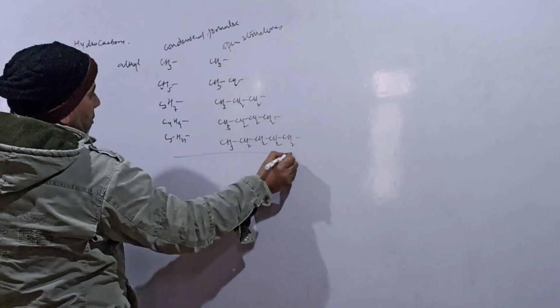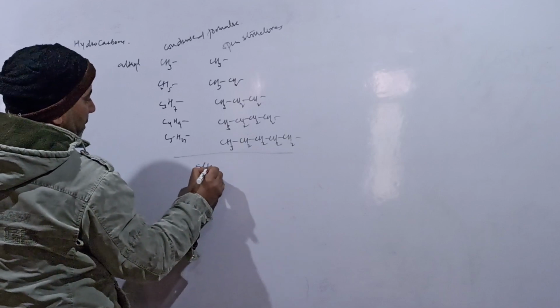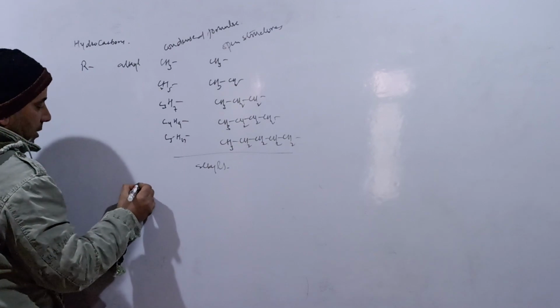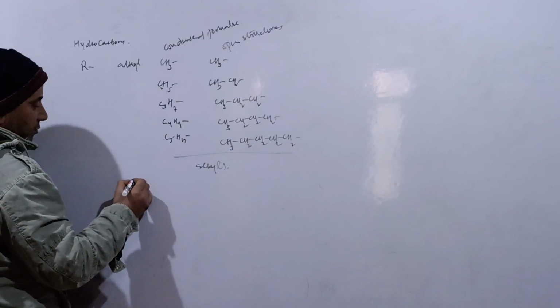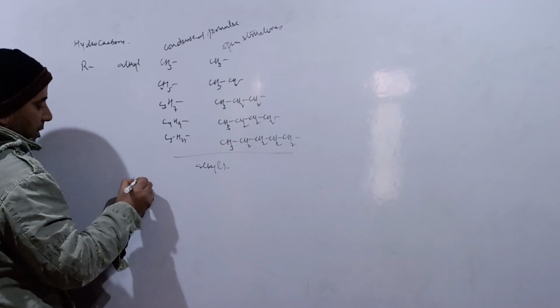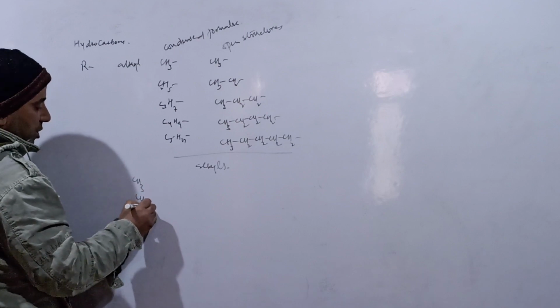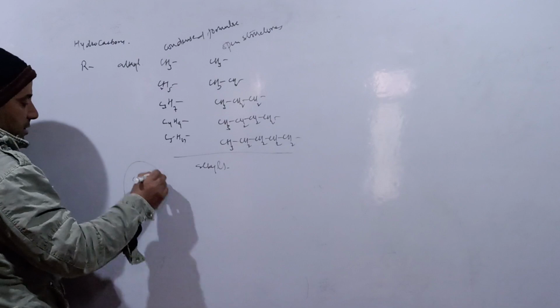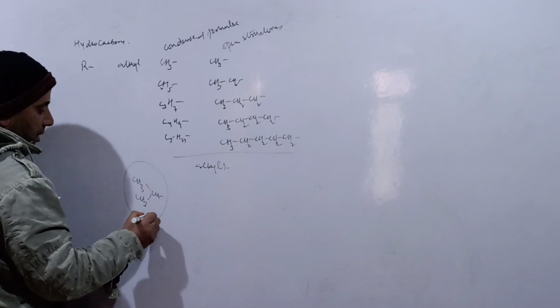But these are all for alkyls. These alkyls can also be like this. For example, we have generated from the isomers: CH3, CH3, CH with a single bond, and this means isopropyl.